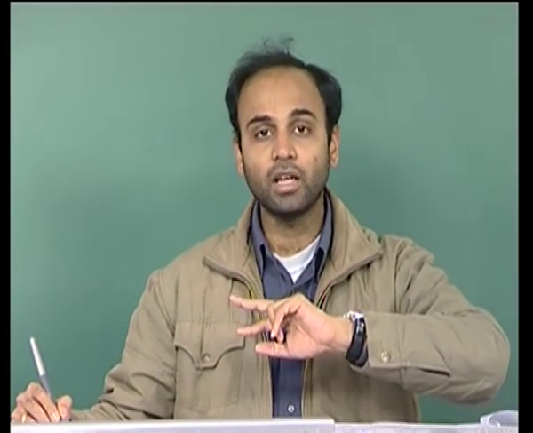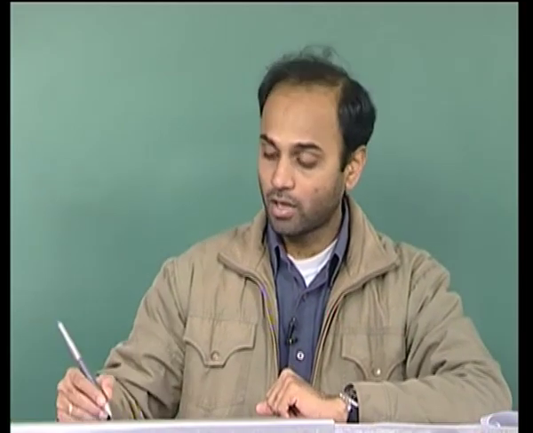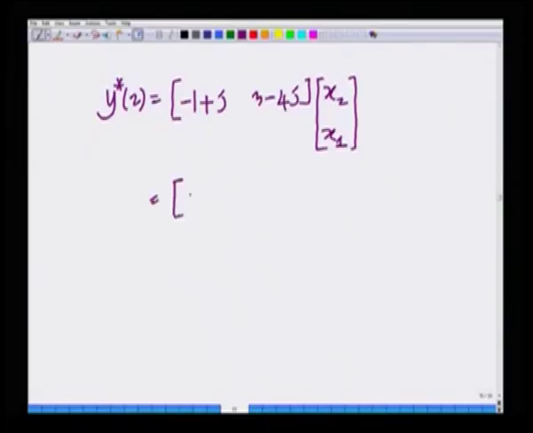This is just simply an equivalent way of expressing them. This becomes 3 minus 4 j, minus 1 plus j, x 1 x 2. All right.